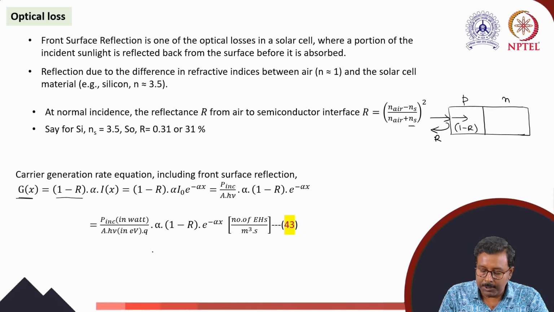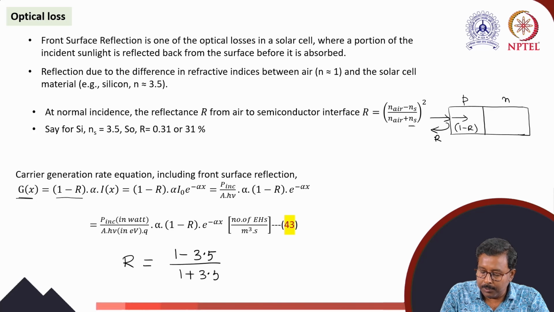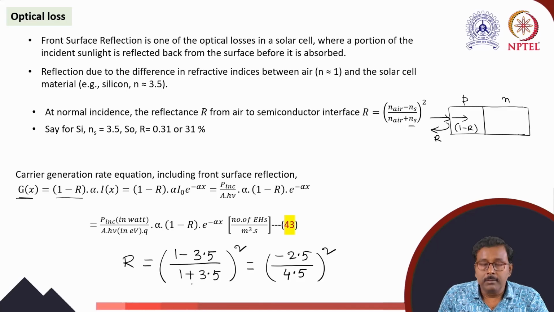Considering the refractive index of semiconductor n_s equal to 3.5, the reflectance will be ((1 minus 3.5) by (1 plus 3.5)) whole square, that is (minus 2.5 by 4.5) whole square, and in percentage you have to multiply the fraction with 100.